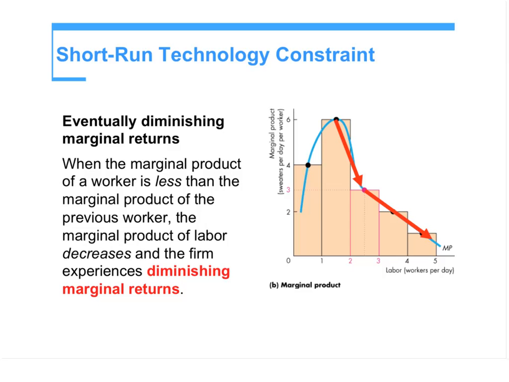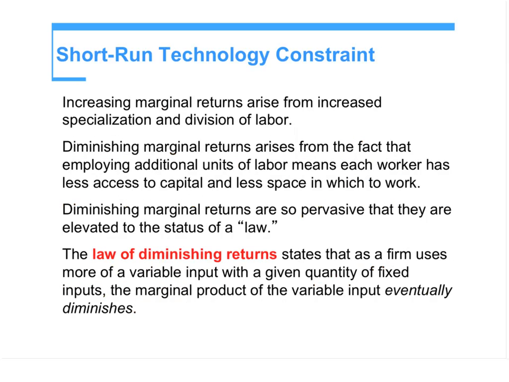But eventually diminishing returns set in when the marginal product of a worker is less than the marginal product of the previous worker, the marginal product of labor decreases, and the firm experiences diminishing marginal return. Increasing marginal returns arise from increased specialization and division of labor. Diminishing marginal returns arise from the fact that employing additional units of labor means each worker has less access to capital and less space in which to work.